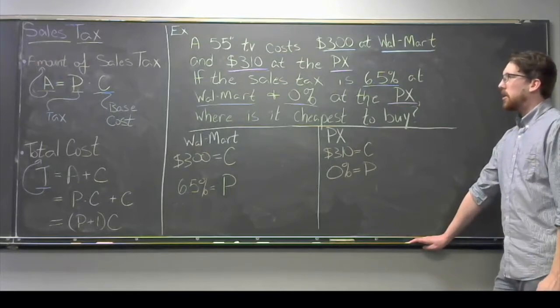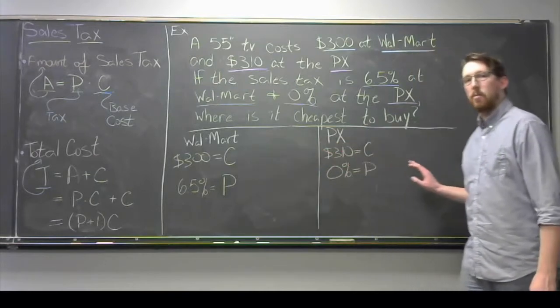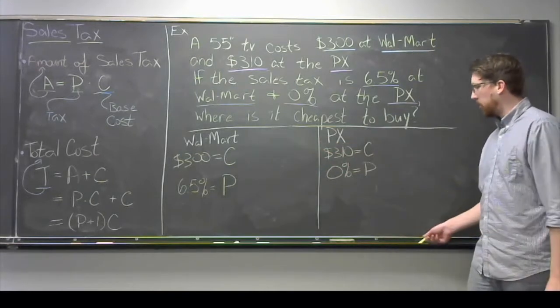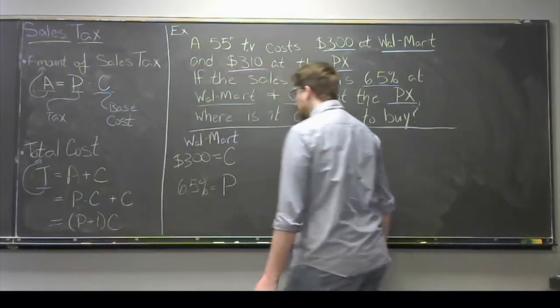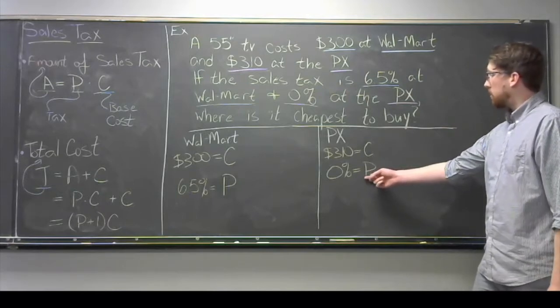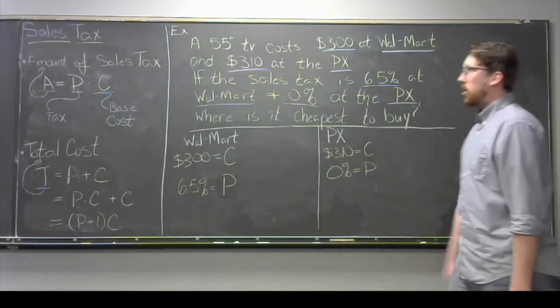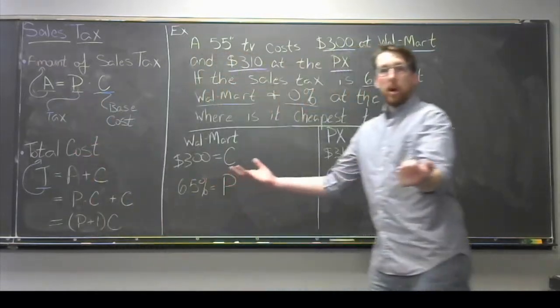All right, so let's calculate what the total cost is at Walmart and at the PX. Start off with the PX: because the sales tax is 0%, we know that the amount of sales tax is going to be 0, right?